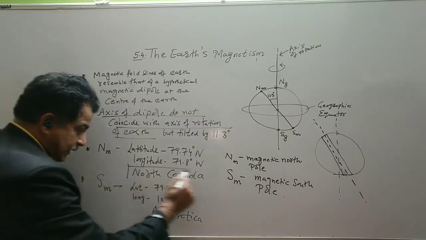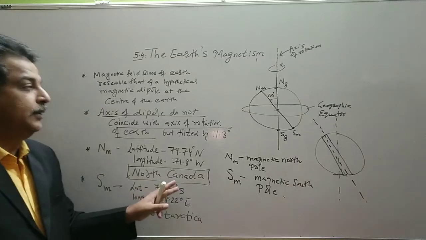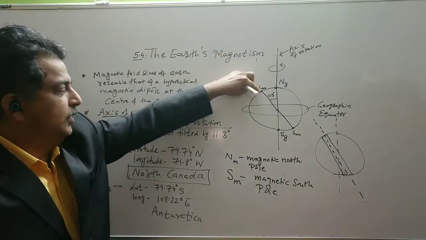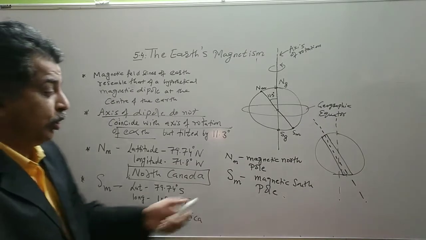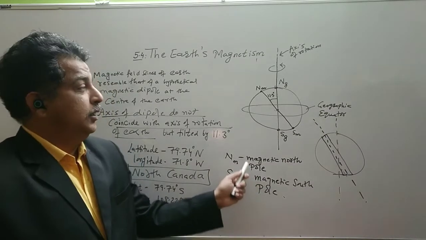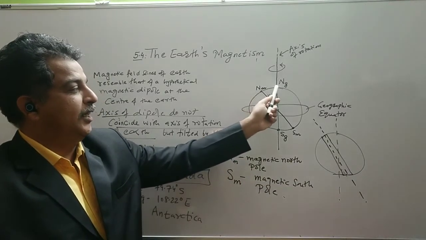This place is near North Canada. So not exactly North Canada, but this point is in Canada. So we find the magnetic North Pole at this point, which is in North Canada, not the geographic north.